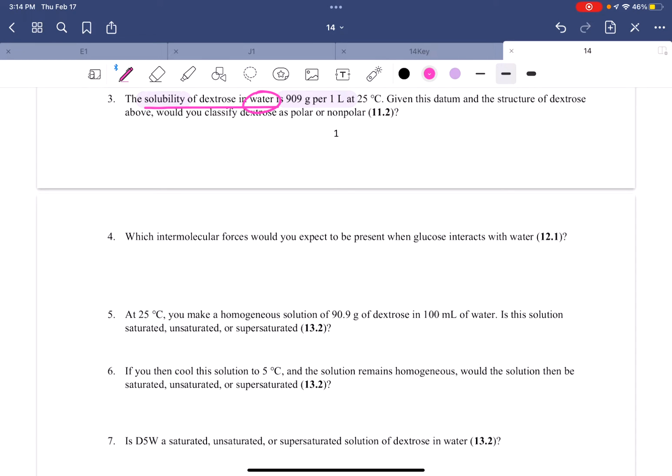And we always like to say in lab that like dissolves like. So we know that water is polar here. And we know that dextrose is really, really soluble in water because this is a very, very high number.